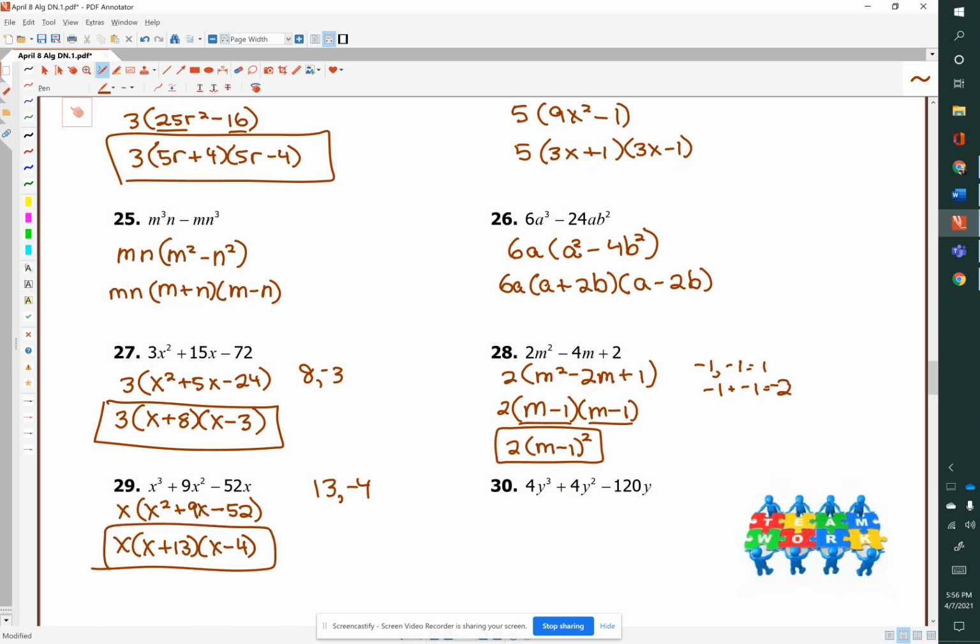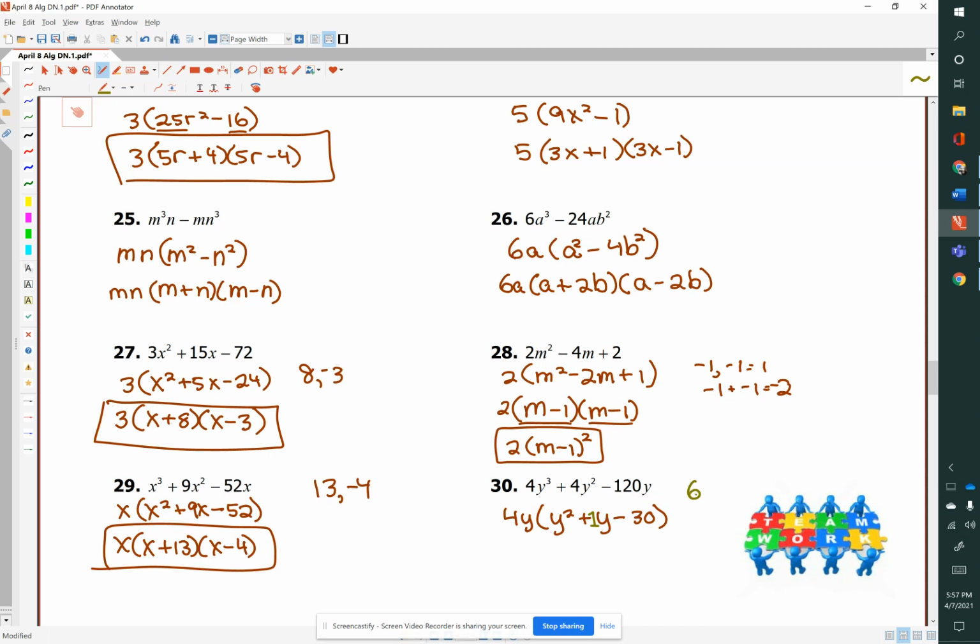And then number 30, our last problem, 4y to the third plus 4y squared minus 120y. So we can factor out 4 and y. That would leave us y squared plus y minus 30, because the y has been factored out. So we need two numbers that add to 1, because we have here an invisible 1, and multiply to negative 30.